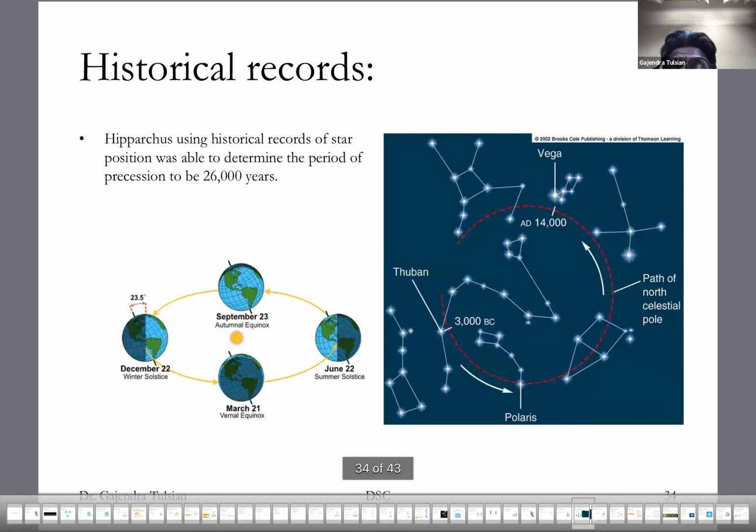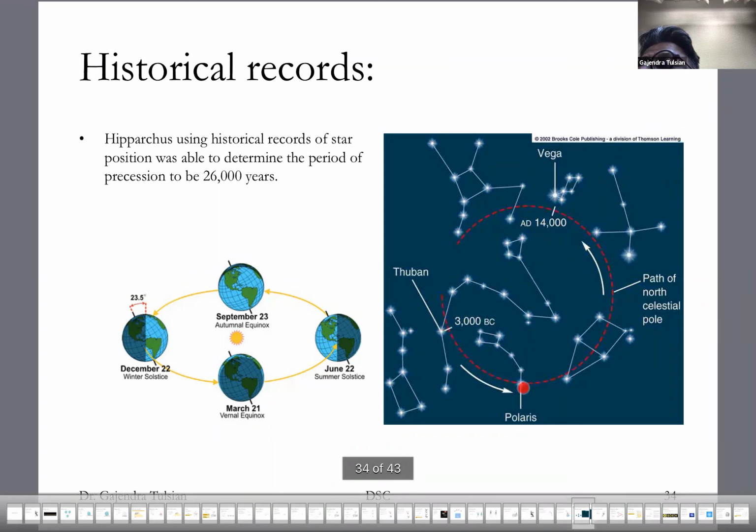We have historical records. The Iraqi people were very good astronomers, and they kept very good astronomical records. In 3000 BC, that was the North Star. Today, this is the North Star.